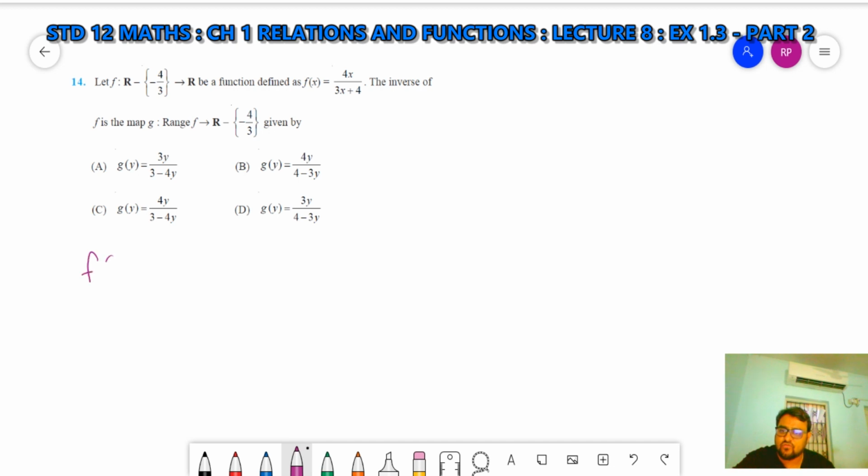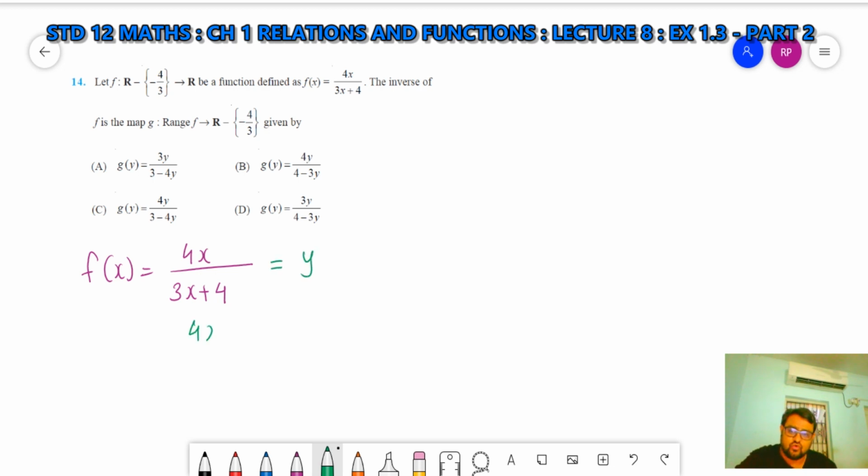The inverse of f is the map g from the range of f to R minus {minus 4 by 3}. So you need to find the inverse. So what I will do, I will take this as y.